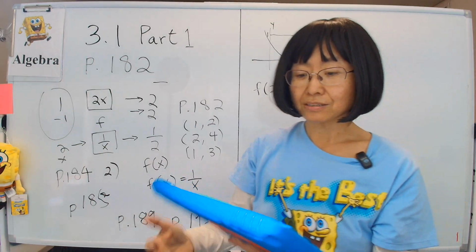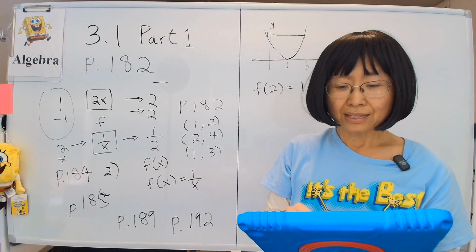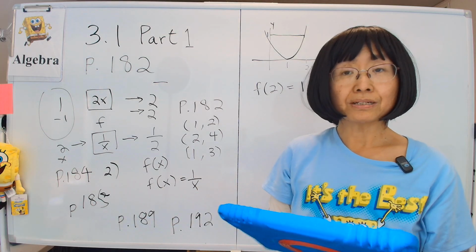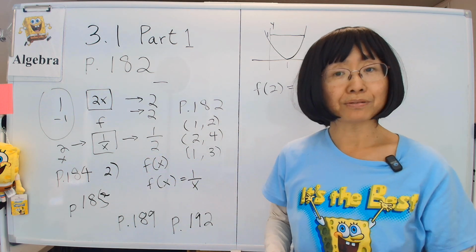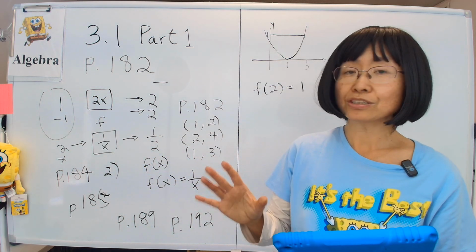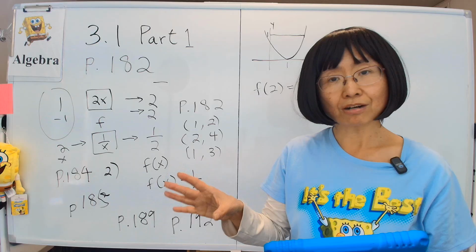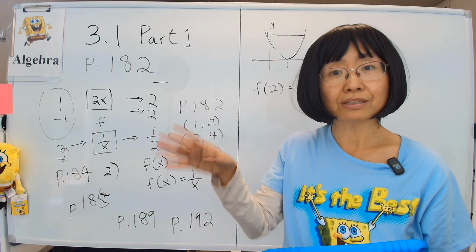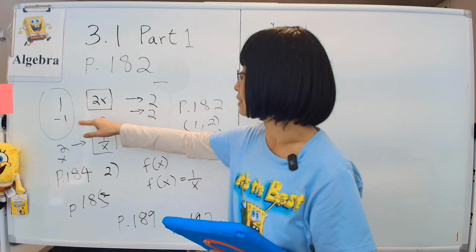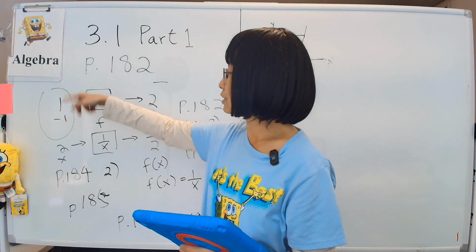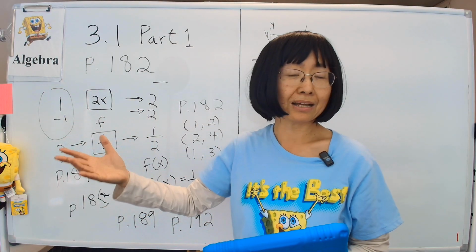So there are actually two answers: when the input is minus 1 or 3, the output is 4 in both cases. Now remember, a function is okay to have identical outputs. It just can't have two different outputs for the same input.